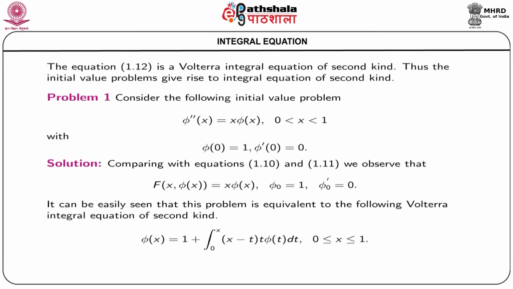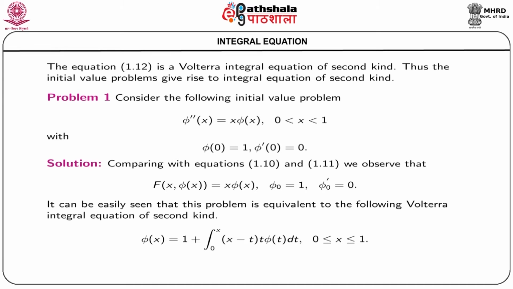Now we shall consider a problem. Problem 1, we consider the initial value problem given by phi double dash x equal to x phi x, where x lies between 0 and 1.